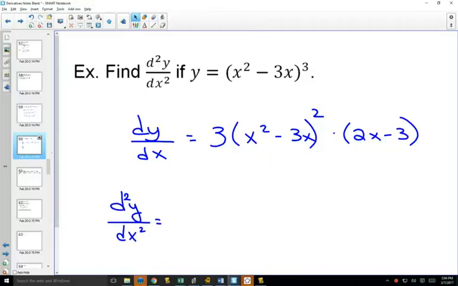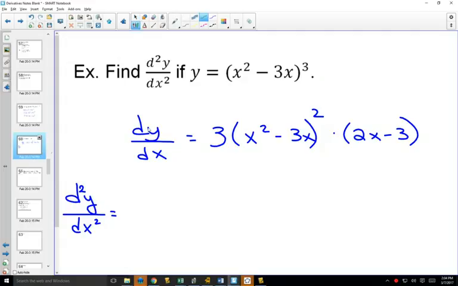I'm already sensing I'm going to need space for this one. Second derivative. What kind of rules are there going to be? There's going to be a chain rule and a product rule. And you see that there's a product here. So we can consider one thing our first function and the other one our second function.